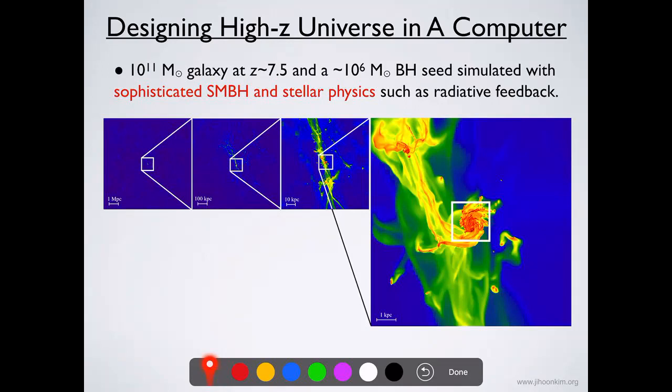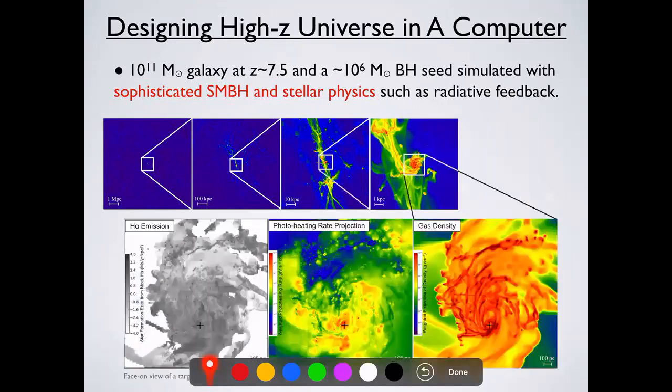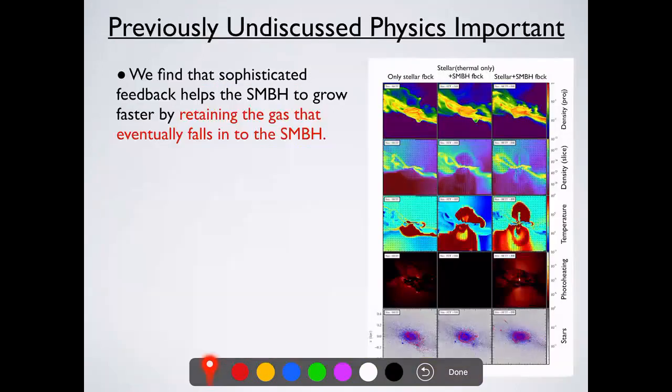They didn't even form any structures, but there is this one high-sigma peak that had already formed a massive enough galaxy that can host a potentially massive supermassive black hole at high z. So that's the target that we are simulating, and then we impose all the super high resolution and all the fancy physics that I just talked about, including the stellar physics and the supermassive black hole physics, such as the radiation from the stars and supermassive black holes.